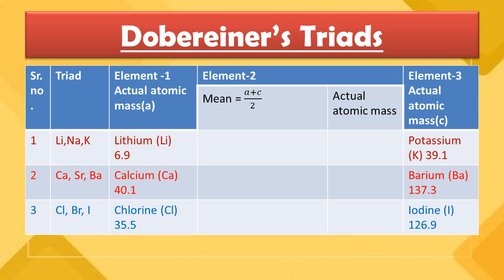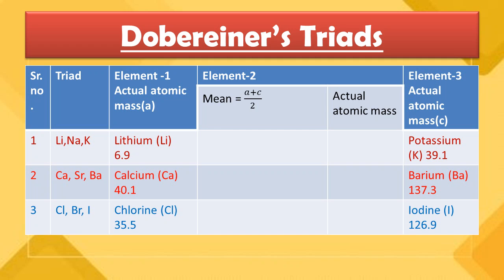Okay, and what is this theory? The atomic mass of the middle element is equal to the mean of the atomic masses of the other 2 elements. So in the first triad, the middle element is sodium, and the 2 elements are lithium and potassium.